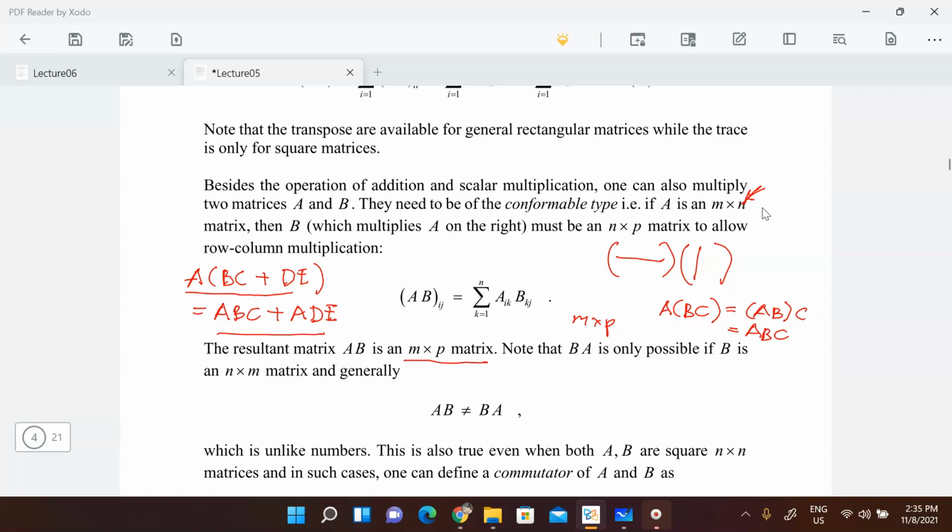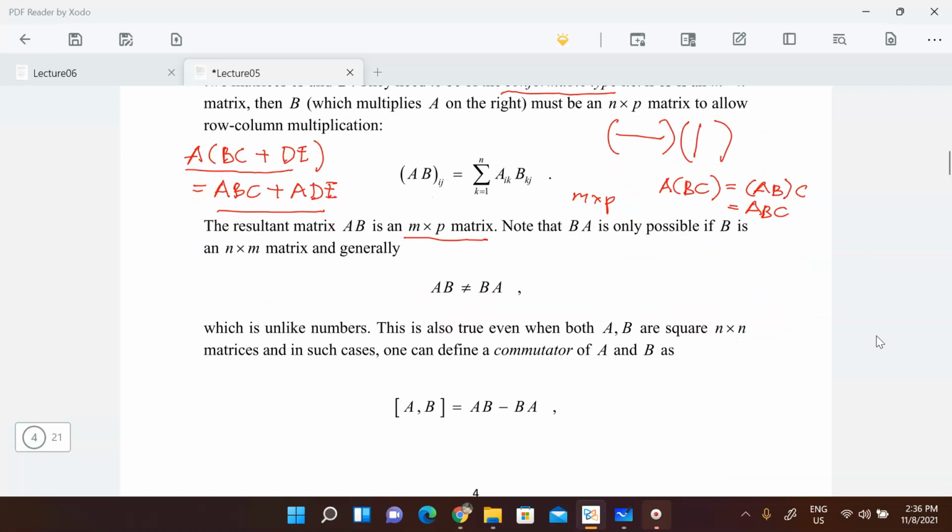Again, there are structures that seem to be natural when you combine two types of operations in this way, and the multiplication that you define in this way must be what we call of conformal type for both matrices. And then you'll be able to mix things around.